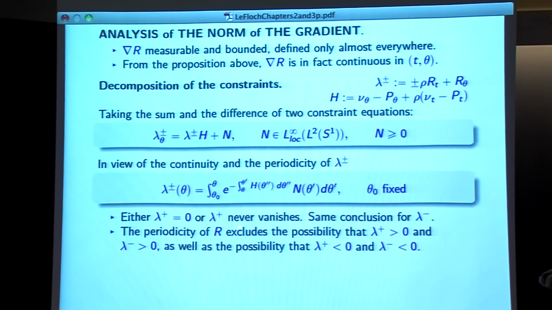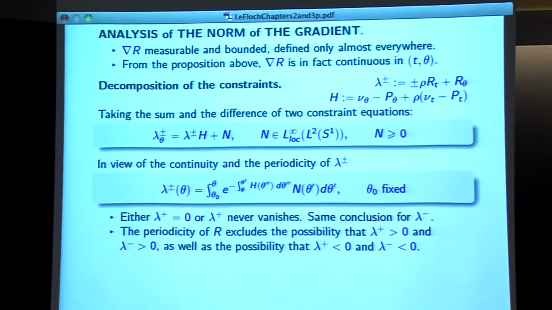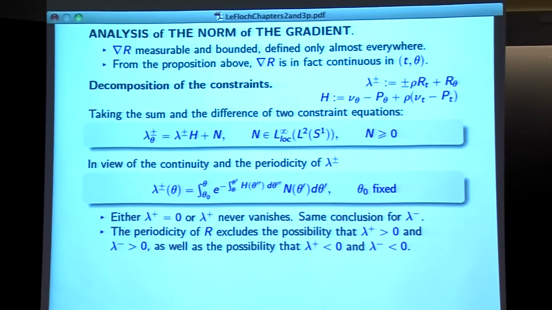With the periodicity of R, you have a small calculation to do to see that you cannot have both of them positive or both of them negative. This is actually the key part of the argument, right?